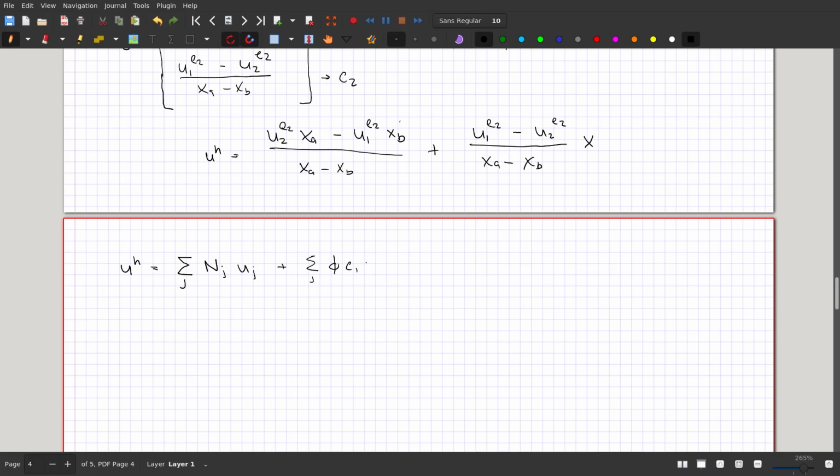Now we'll ignore the second term because now we've discretized the problem. We have nodes. I'm going to say that it looks like that.